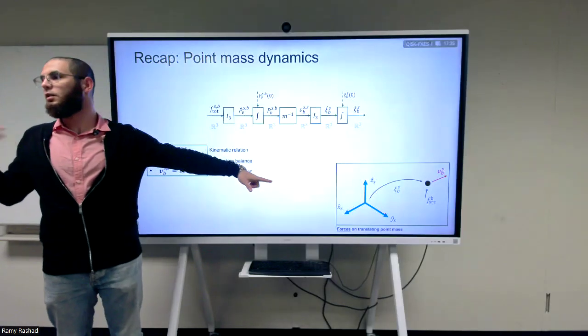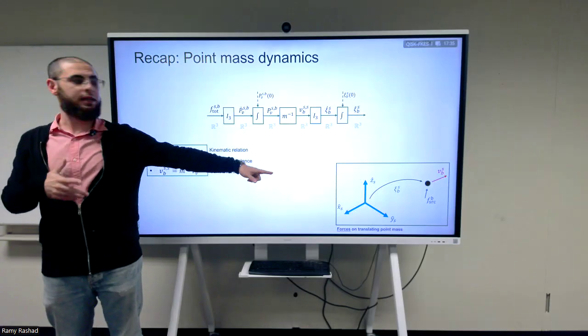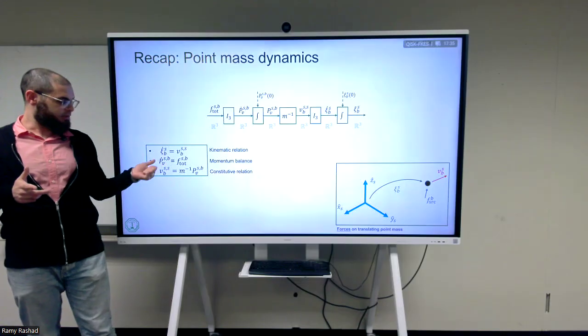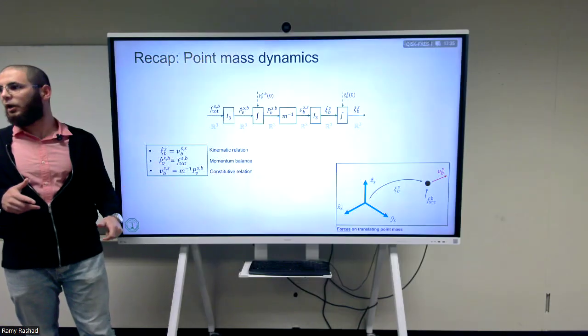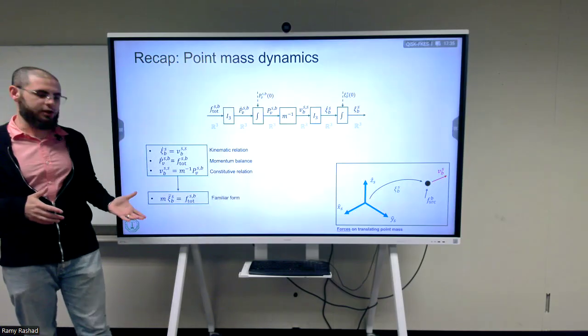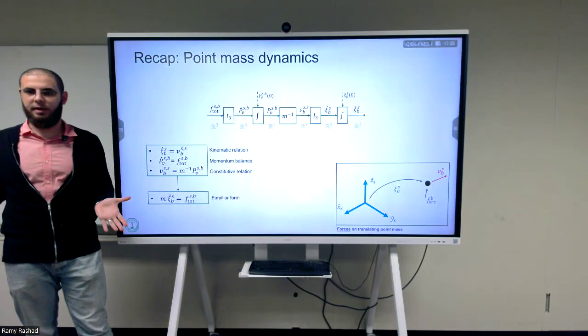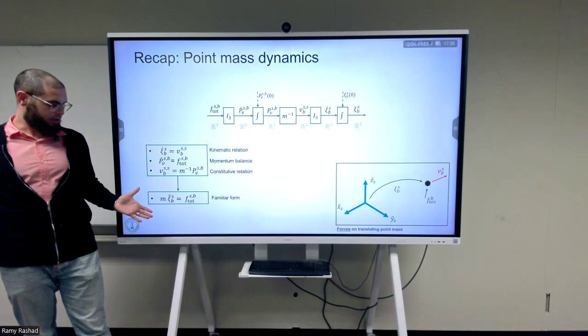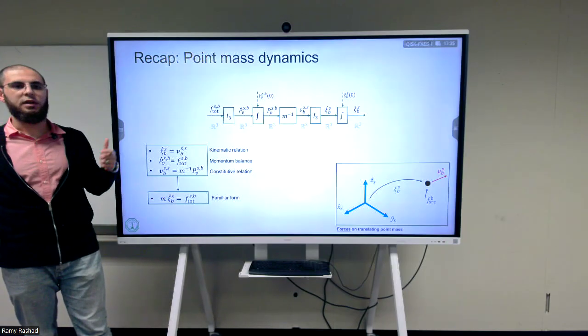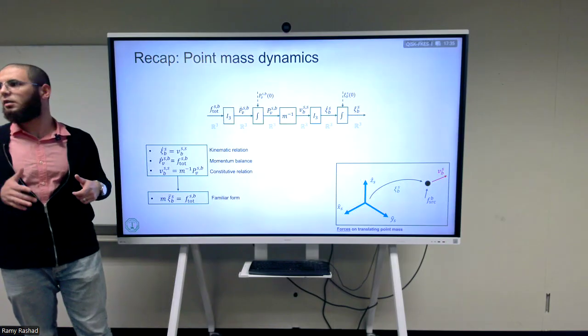You cannot define the dynamics, Newton's law, in a non-inertial frame. You need to always have an inertial frame S. The rate of change of the momentum will be equal to the applied force. Of course, these 3 equations you usually combine together and you get the familiar form F equal to ma. So F is equal to mass multiplied by the acceleration, where the acceleration is the second derivative of the position variable, psi b from S.